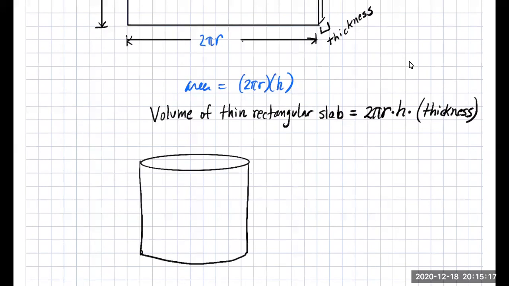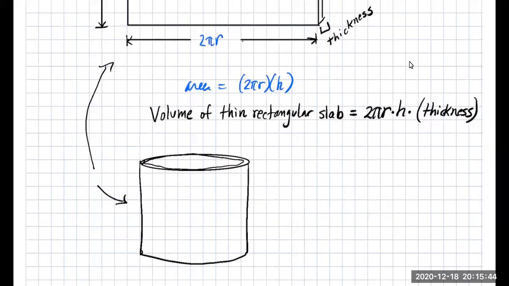It's the same shape that we were looking at a moment ago, and what I did, gang, is I rolled it back up again. Here's the thickness to it. Notice I gave a little bit of thickness to it. So this shape right here is the result of taking that rectangular slab and rolling it back up again. We call that a cylindrical shell.